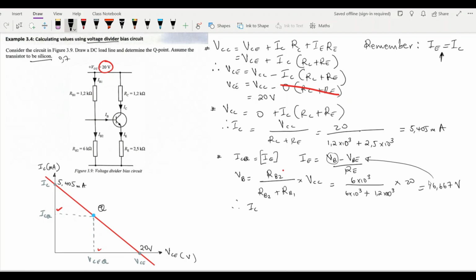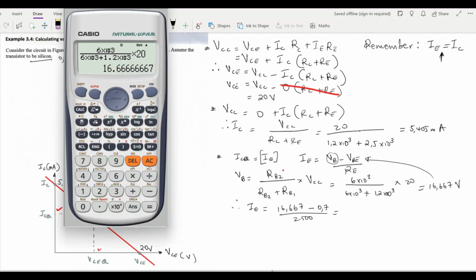Therefore, our IE is equal to 16.667 minus 0.7 divided by RE, which is 2,500. So I'm going to say answer, 0.7 divided by 2,500, and I find the value of IE. Is it correct? Where did we make a mistake here?